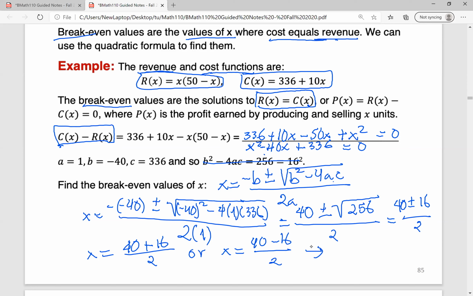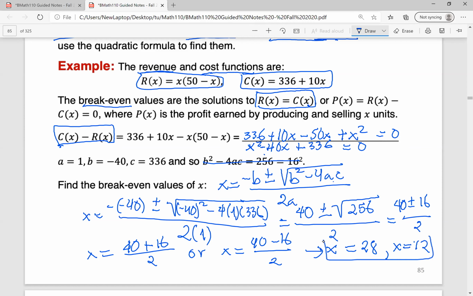Simplifying, x equal to 40 plus 16 is 56 divided by 2, which is 28. And another one is x equal to 40 minus 16 divided by 2, which gives 12.